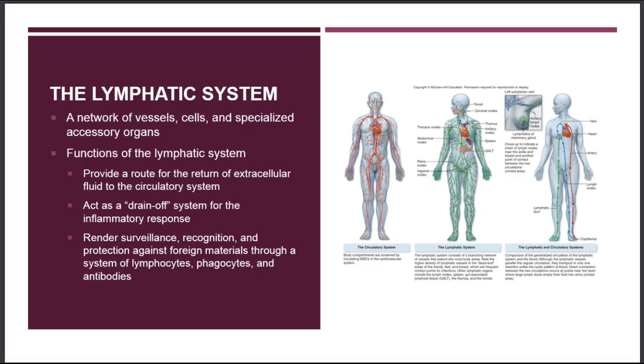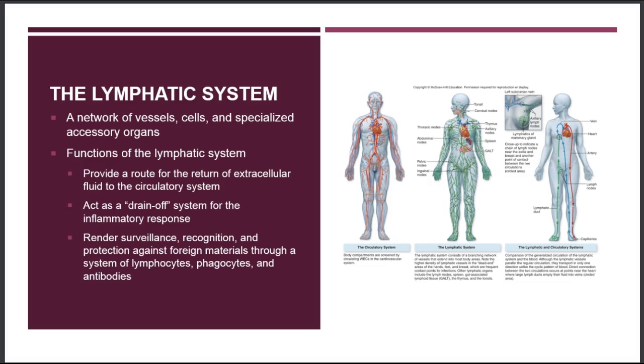So this image is also from your text. This shows you the lymphatic system. So the lymphatic system is composed of a network of lymphatic vessels as well as some particular specialized organs. The lymphatic system is designed to provide a route for this extracellular fluid to return to the circulatory system.